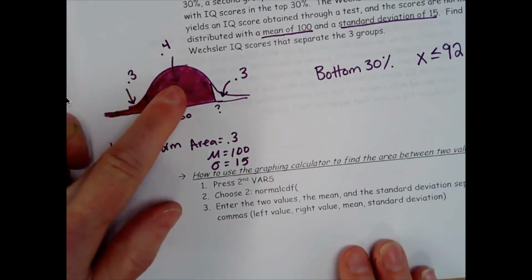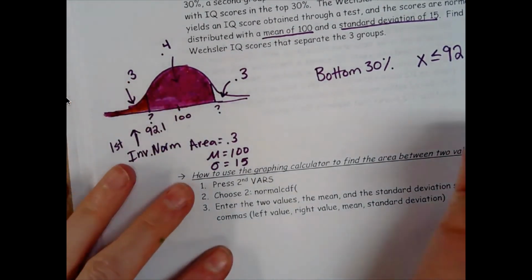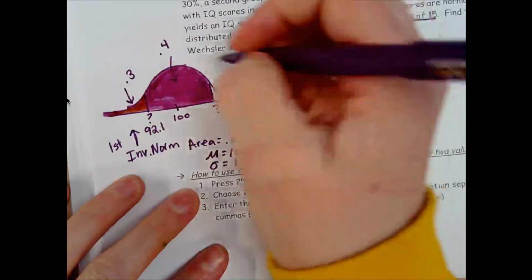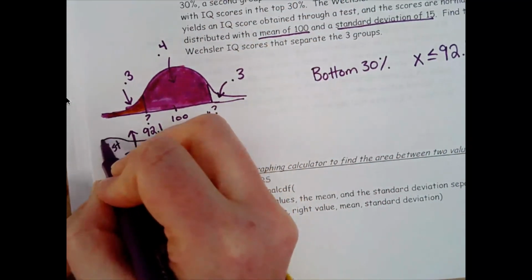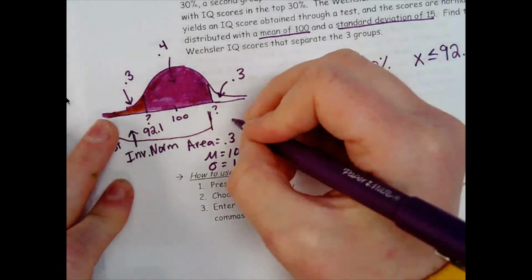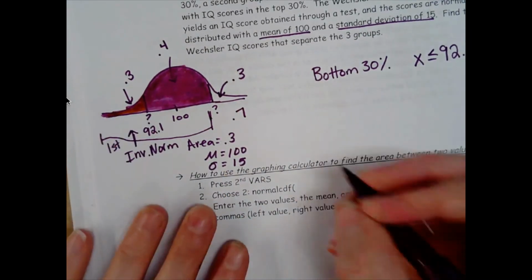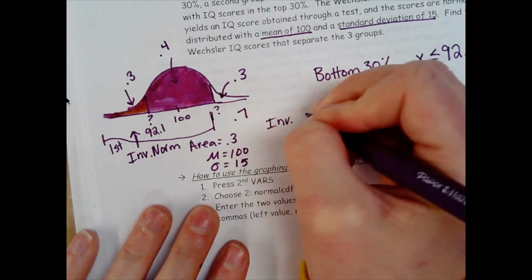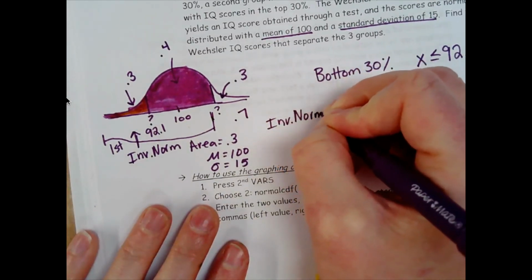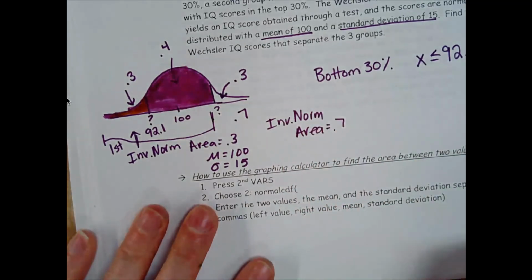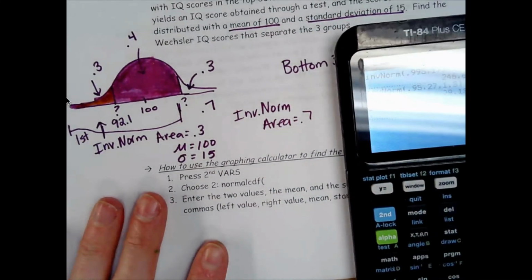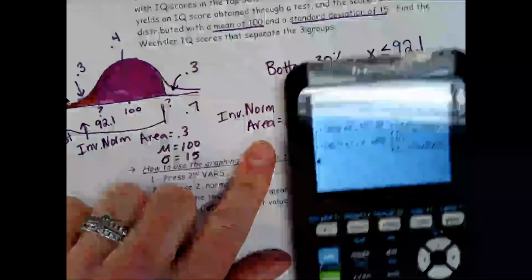Bottom 30, middle 40. We're going to use this whole area from here all the way over. That whole thing is 0.70. So we have to use inverse normal again and find where the area is 0.70. The only thing that changes is the area.